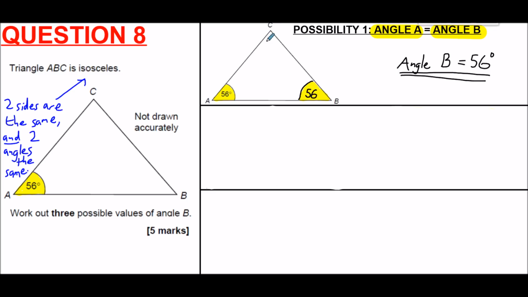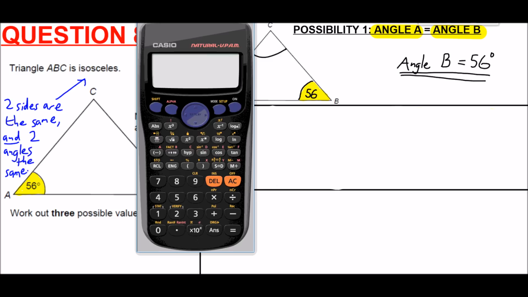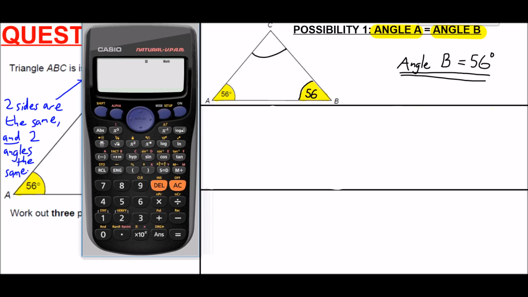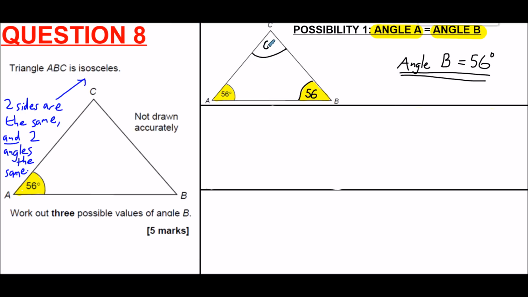This one at the top, if you wanted to work it out, remember angles inside a triangle add up to 180. Not that we care about angle C. Angle C as in the angle, not angle C, the lovely place in Wales. Angle C here would be 180, take away 56, take away 56, which would be 68, in case you wanted to know. So that's the first possibility. Angle B is the same as angle A, which is 56 degrees.